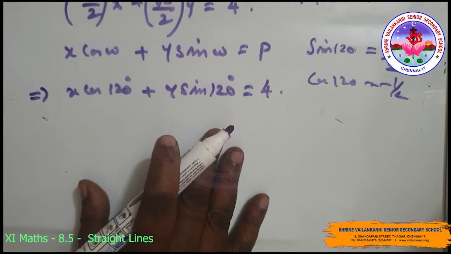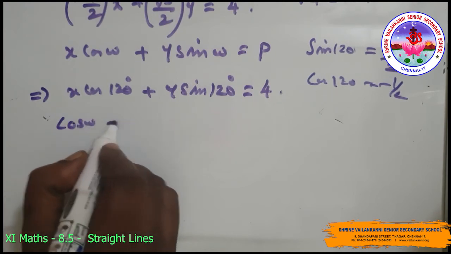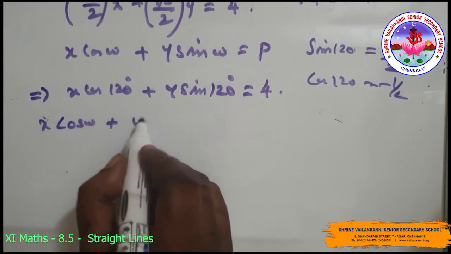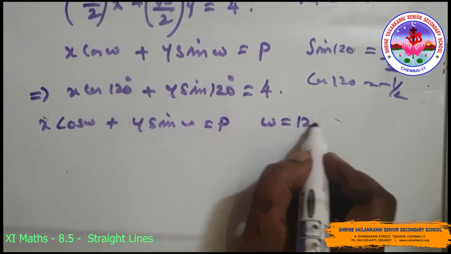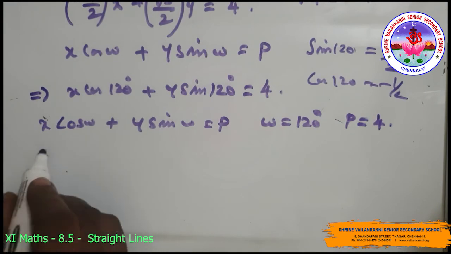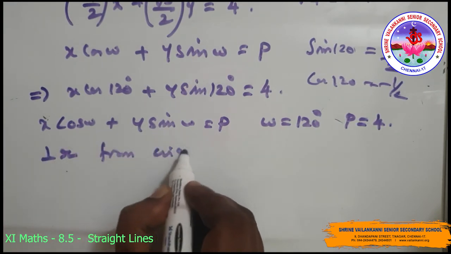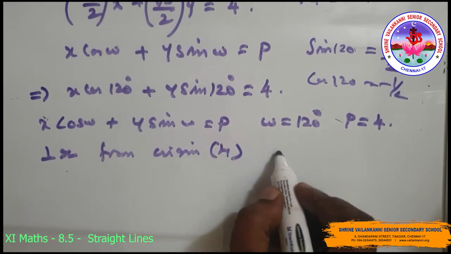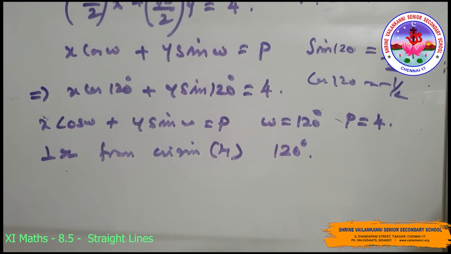Comparing the equation with the normal form, x cos omega + y sin omega = p, omega is 120 degrees and p is 4. Then the perpendicular distance of the line from the origin is 4. The angle between them is 120 degrees.